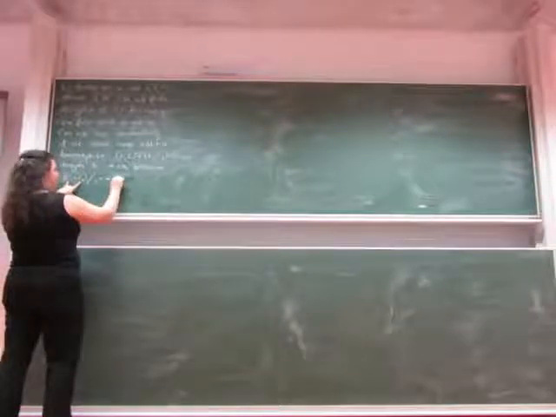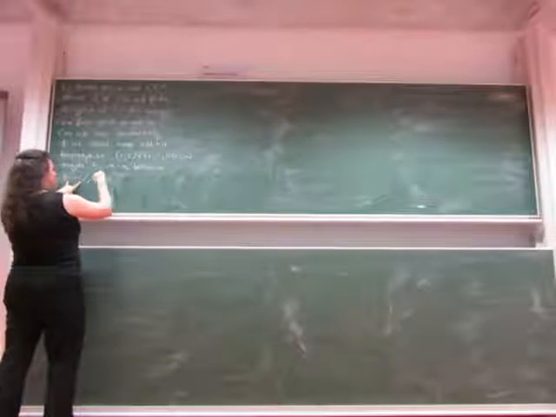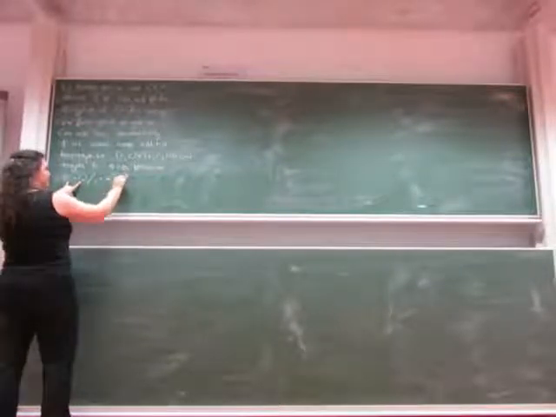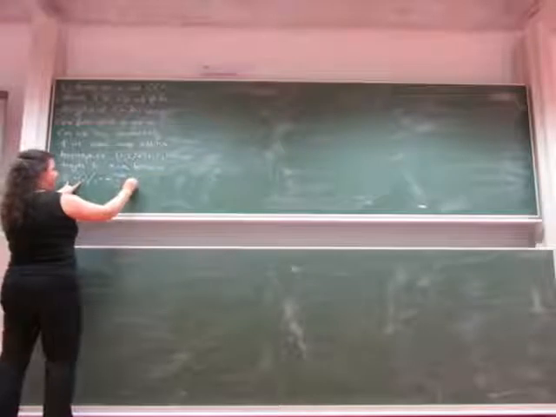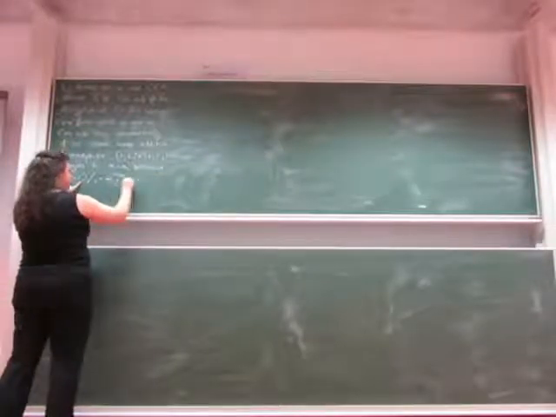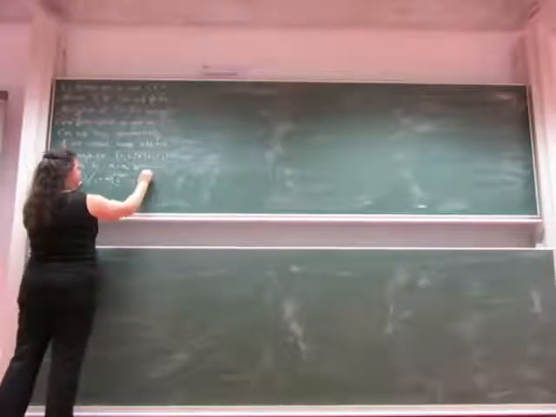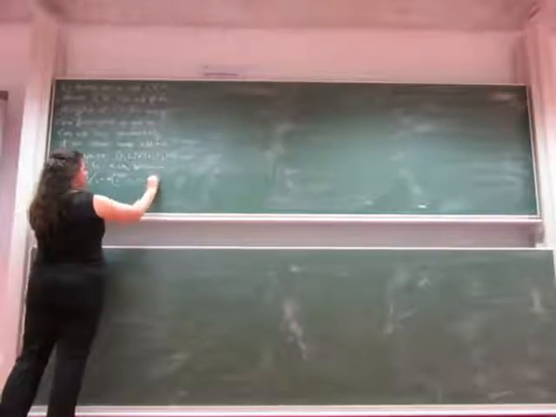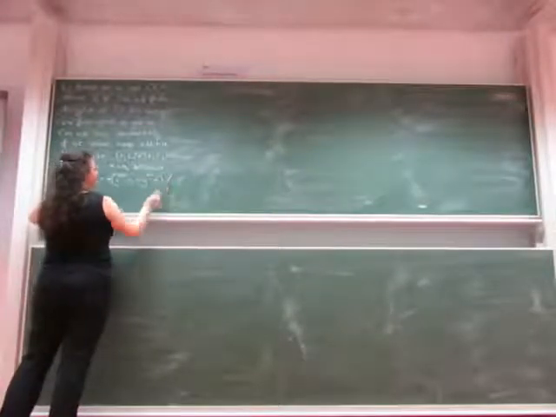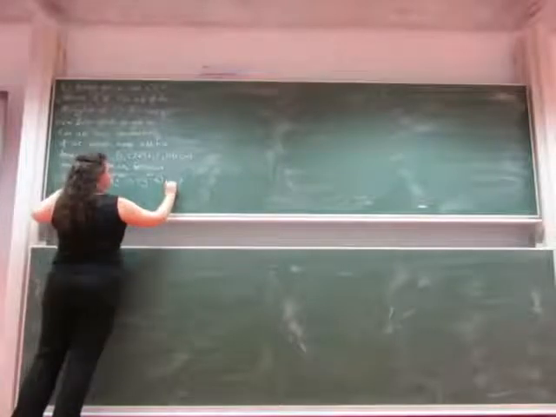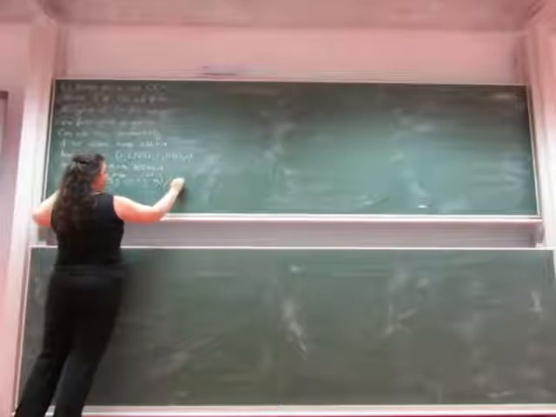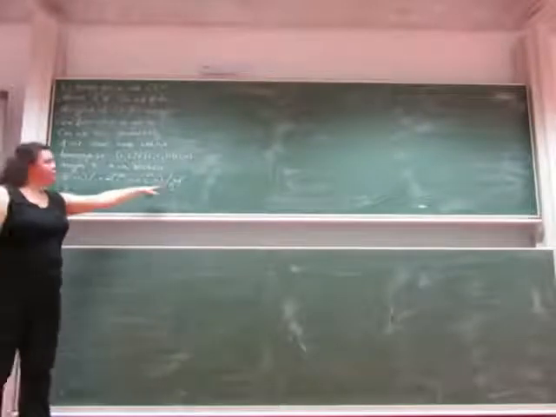C1 was Alice's public key, so that was G to the A to the same K times M1, plus G to the AK times M2, and then the whole thing divided by R to the A. R was G to the K, so we also have a G to the KA here. And then you can move out the parentheses, and then you're getting M1 plus M2 as a result.